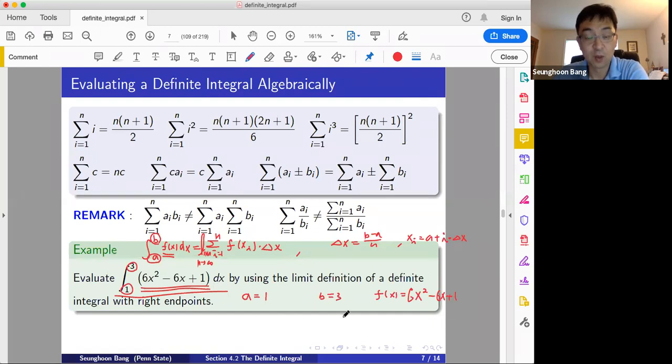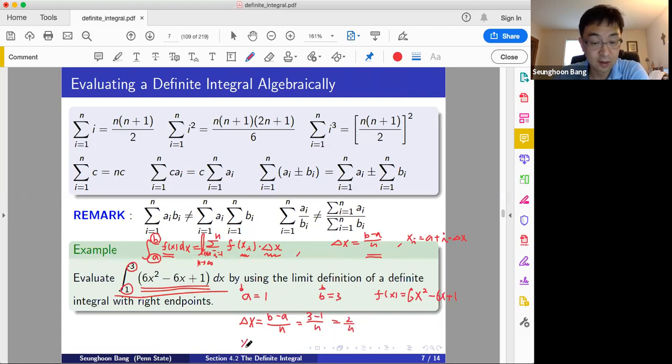The next thing, you need to find x_i and delta x. What is delta x? Yeah, 2 over n, you're right, exactly. Here, (b minus a) over n, so (3 minus 1) over n. You can use b and a here. 2 over n, you're right.